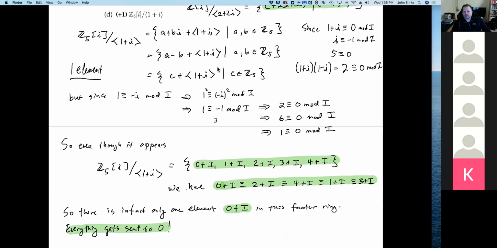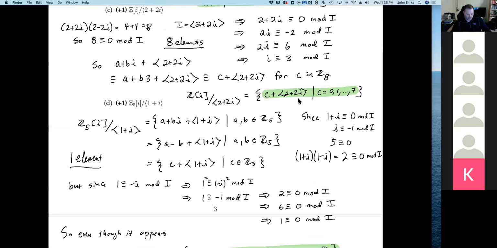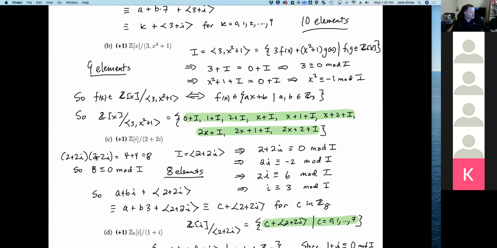Shouldn't the -2 be a 2 and not a 6? Right here, 2 plus 2i.